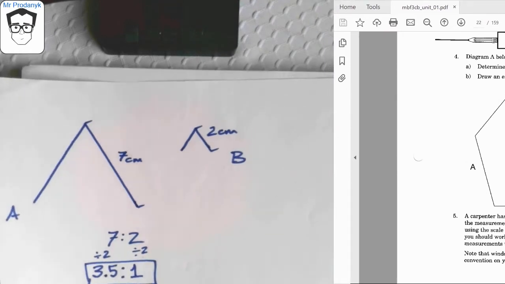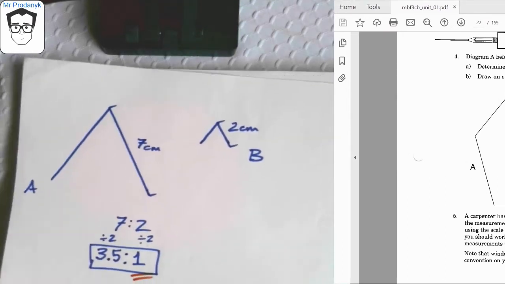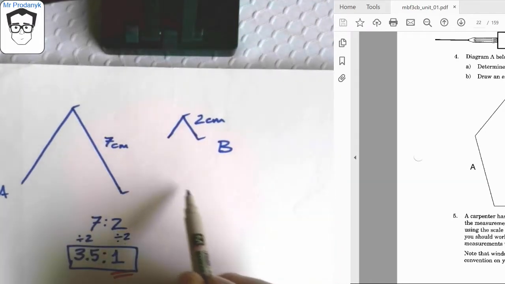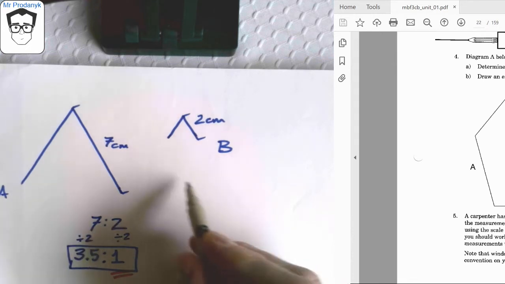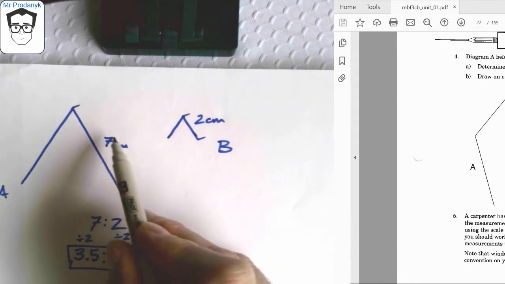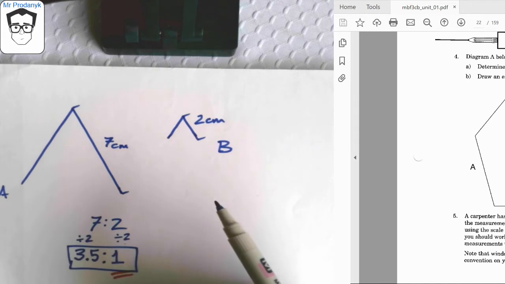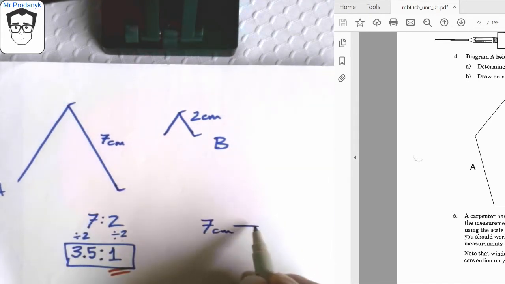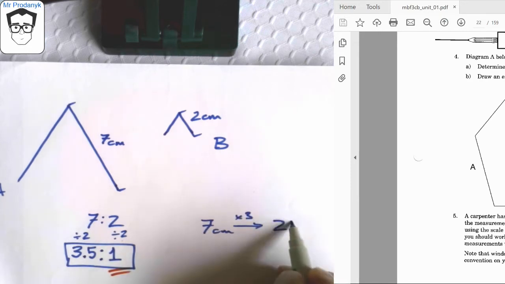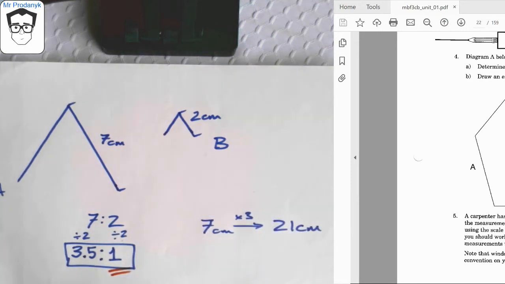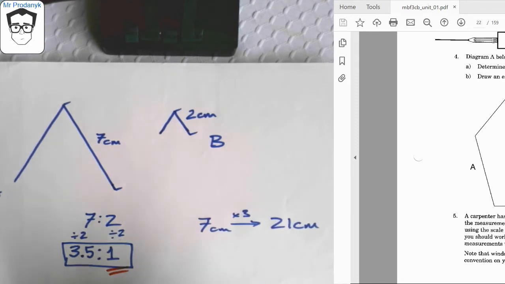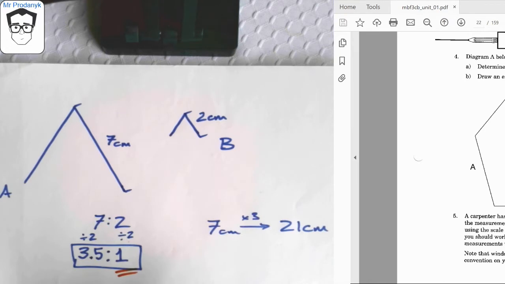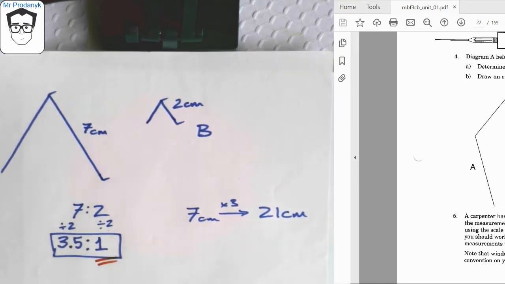Since my diagram A happens to be 7 centimeters, and it's a 3 to 1 enlargement, I'm going to have to increase this by a factor of 3. So my 7 centimeter side is now going to get bumped up to 21 centimeters in my enlarged diagram.